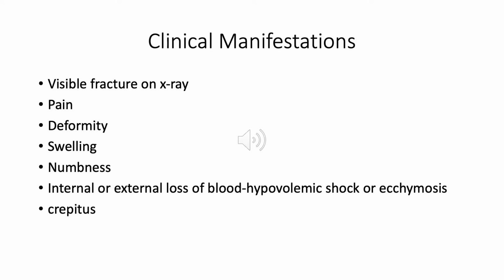Depending on the severity of the fracture, other manifestations include a visible deformity if the bone is displaced, swelling from inflammation, and numbness due to nerve damage. Internal or external loss of blood may result in hypovolemic shock or ecchymosis. If the fractured pieces of bone grate against each other, crepitus may be heard.